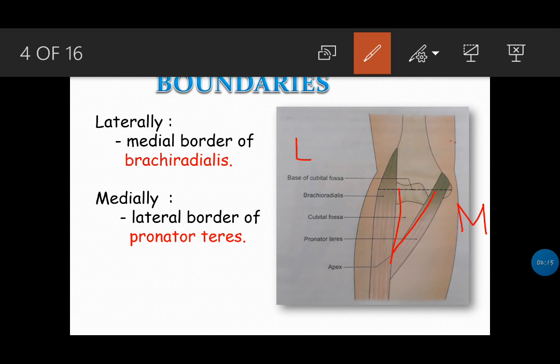So the apex will be the meeting point of these two muscles. And the base is formed by an imaginary line that connects the two epicondyles, that is, the lateral epicondyle and medial epicondyle of humerus. So these are the limits of cubital fossa.